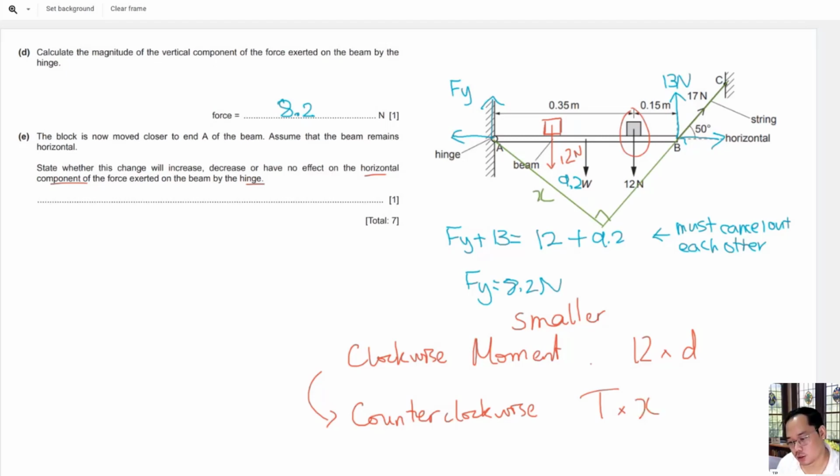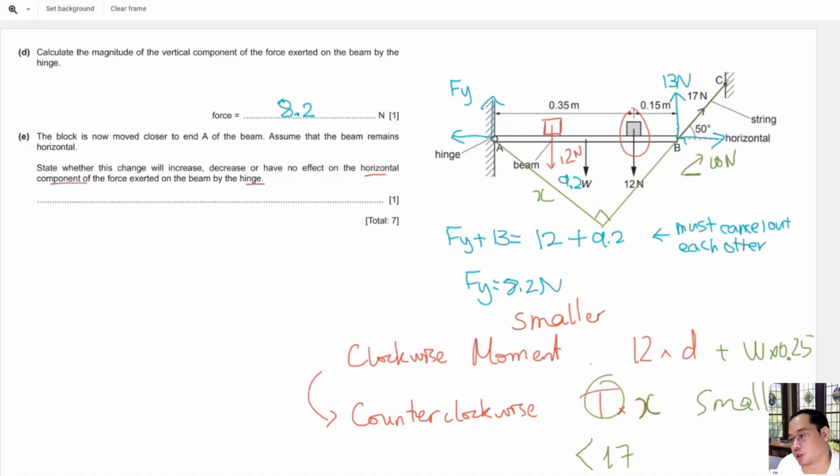So this moment, counterclockwise, must be now smaller also, because it's equal to the sum of the clockwise moment, which is 12 times d here plus the moment of the weight times 0.25. So smaller clockwise moment results in smaller counterclockwise moment, meaning the tension now is less than 17 Newton. Therefore, for example, it is now only 10 Newton.